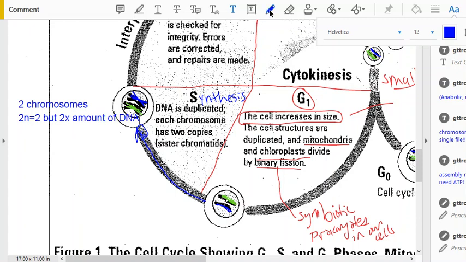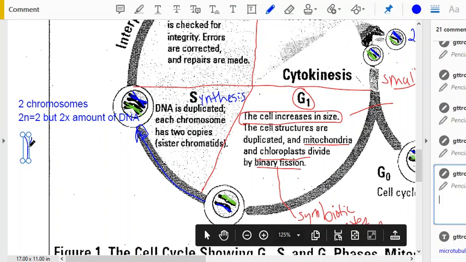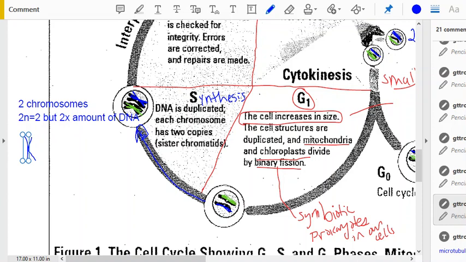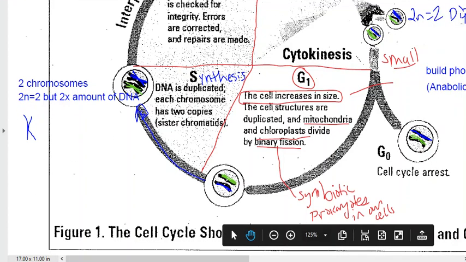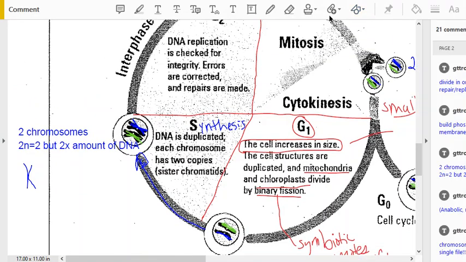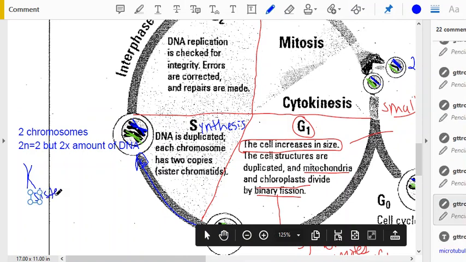And just to remember, let's take this blue chromosome here. Each part of this double-stranded chromosome is called a sister chromatid. And they are copies of each other. They have the same genes. They are identical. Sister chromatids.